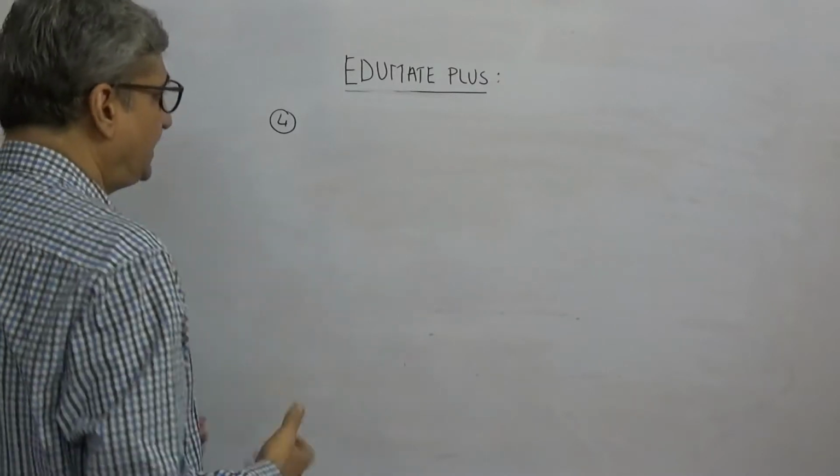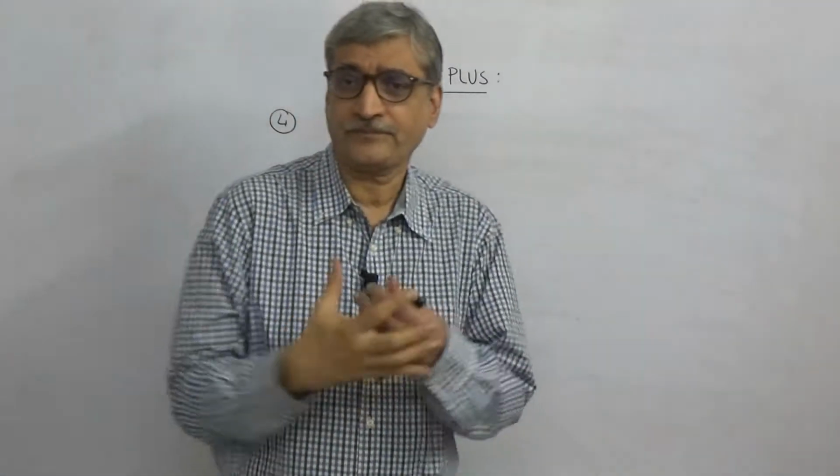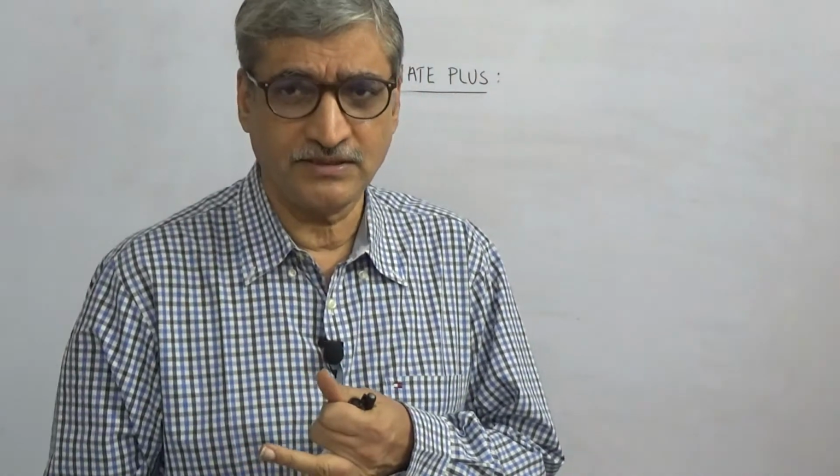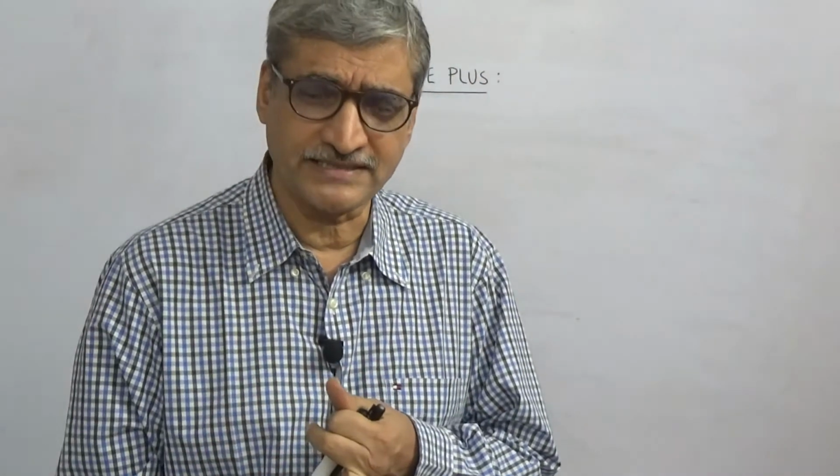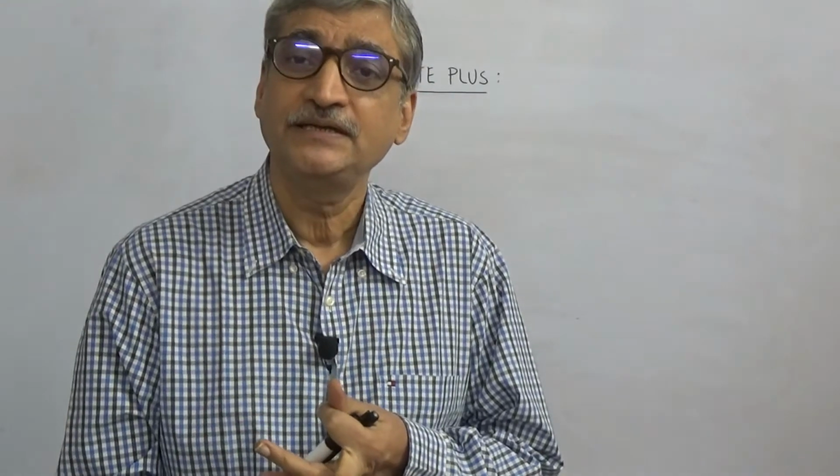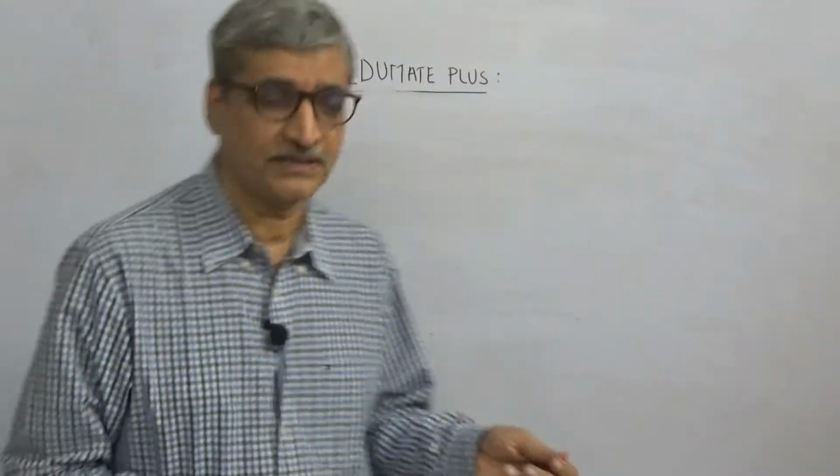See, we have studied in this chapter, D and F block elements, that potassium dichromate is an oxidizing agent, KMnO4 in acidic medium is an oxidizing agent, KMnO4 in alkaline medium is an oxidizing agent, KMnO4 in neutral medium is also an oxidizing agent. So which is the strongest among them?